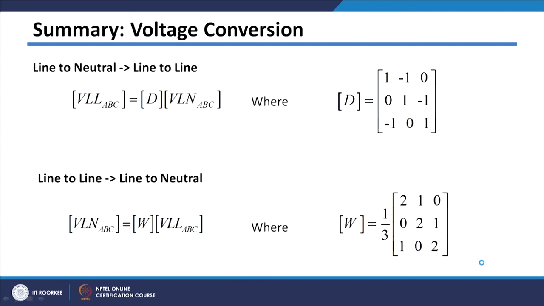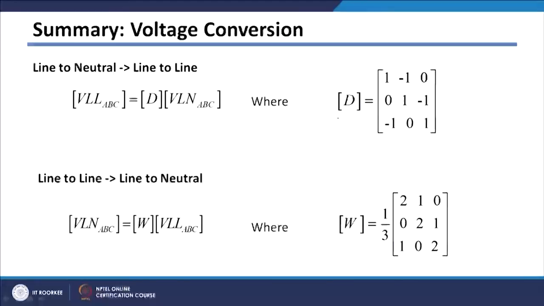So, in summary of this lecture or the last two lectures, we have seen various conversion matrices which are required, because as I told you, most of the transformers in the distribution system will be 3-phase transformers and they will be unbalanced, and you need to model actual 3-phase transformers. So, when you are modeling an actual 3-phase transformer, we need all these conversions.